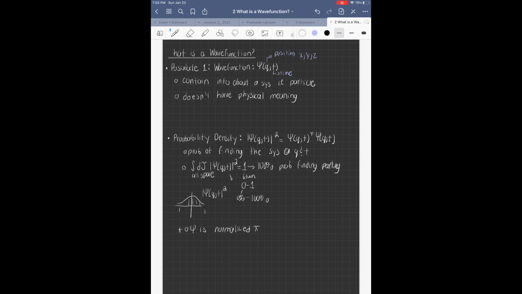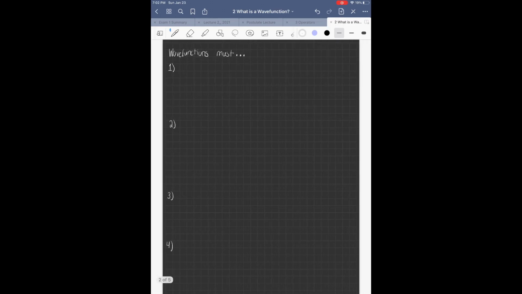All right, so let's describe what a wave function must satisfy. First, it must not have multiple values at a variable.